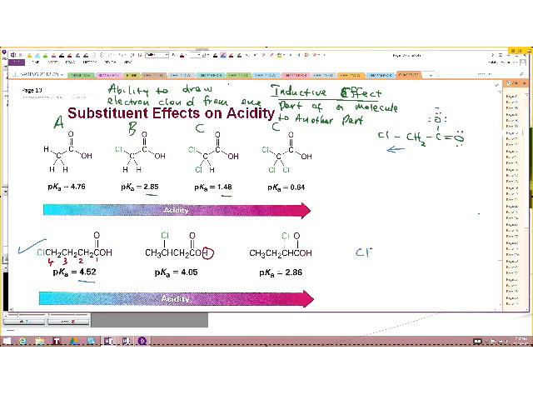So here, the conjugate base would be this here. So we replace one hydrogen with chlorine. What do you have? That is what we have here.